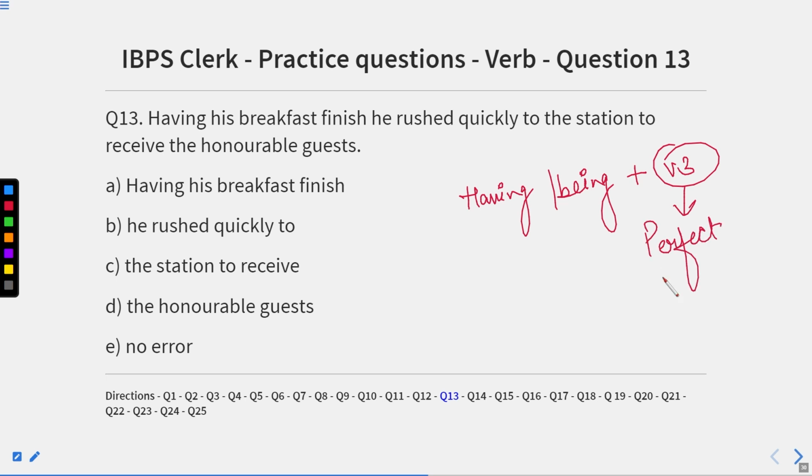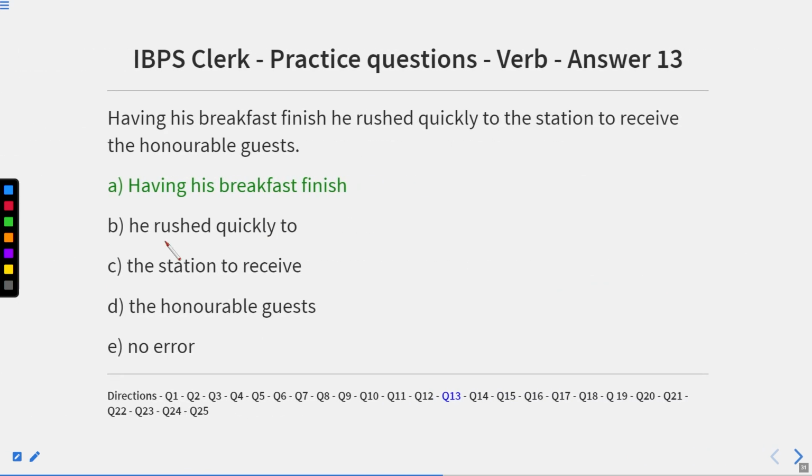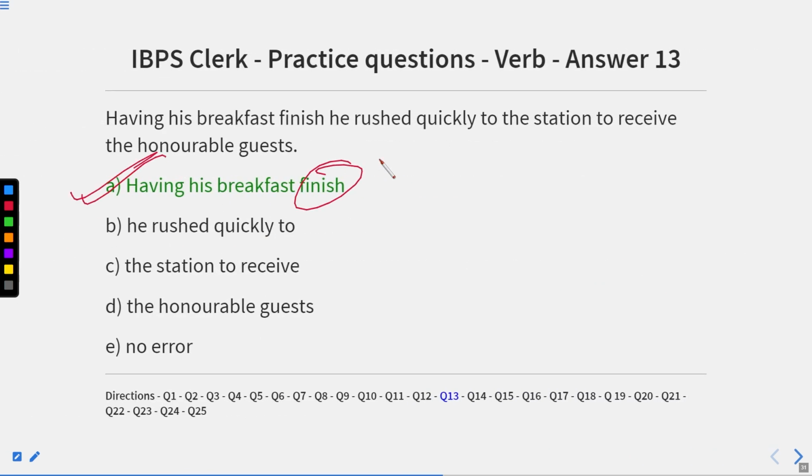Perfect participle means, for example, after finishing the work or after having the lunch. So this finish is incorrect. It should be finished. The answer is A, where finish should be replaced with finished, and the correct sentence will be, having his breakfast finished, he rushed quickly to the station to receive the honorable guests. Now let us move to the next one.